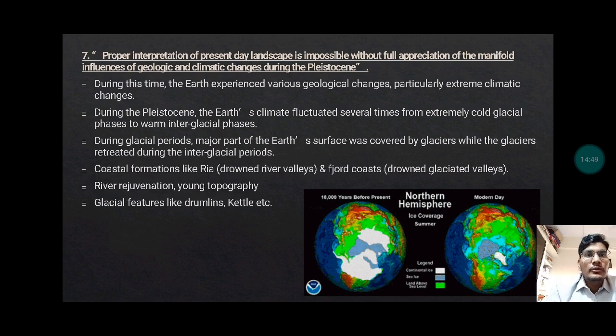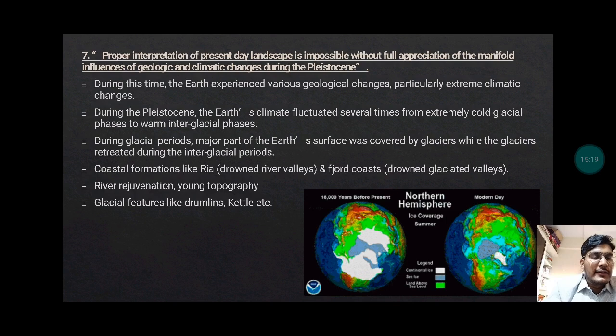Okay, so during the Pleistocene period, the Earth experienced various kinds of geological changes, particularly extreme climatic changes. In that extreme climatic change, the Earth's temperature was extremely cold, and it was moving from glacial phases to warm interglacial phases. Due to that, a major part of the Earth was covered by glaciers.